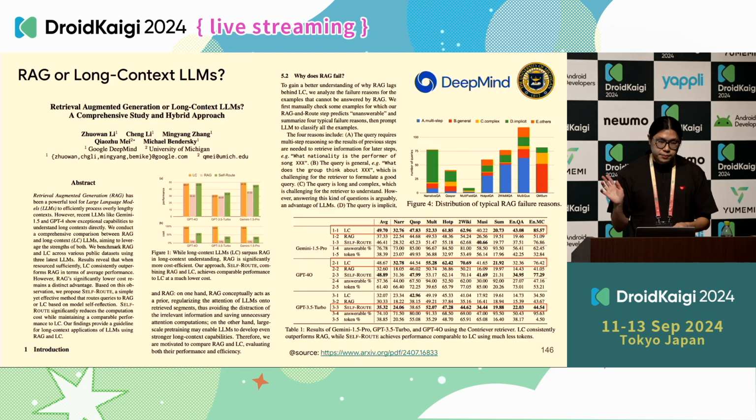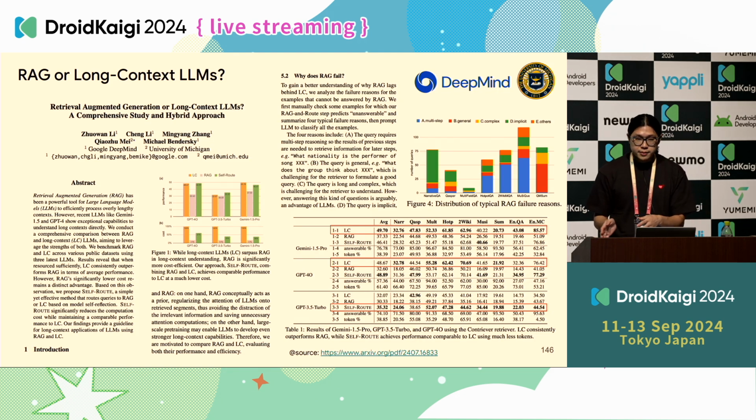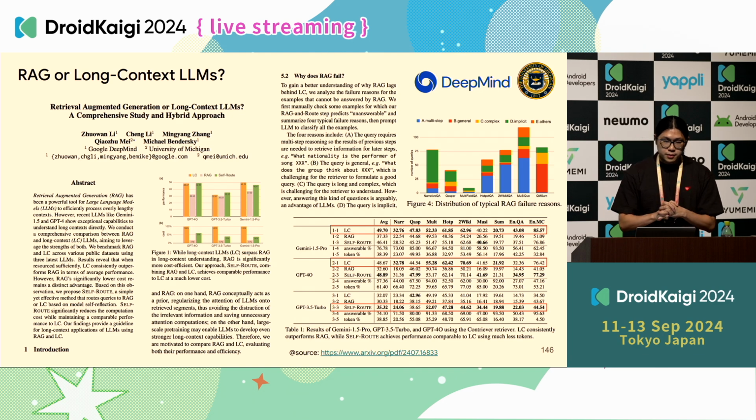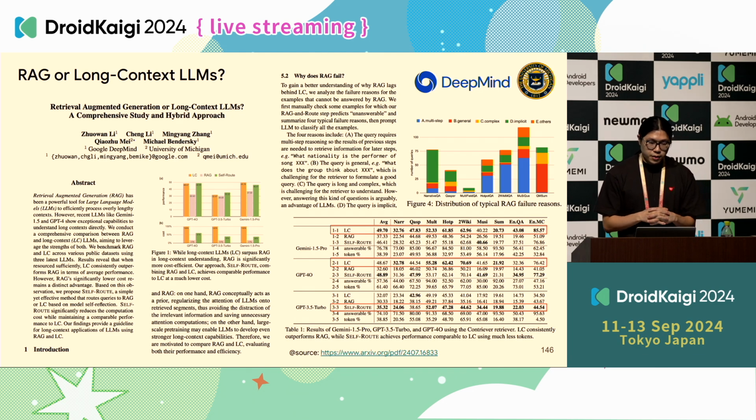This paper is published by Google DeepMind and the University of Michigan. It's a study comparing the results between long context LLMs and RAG. And the research findings indicate that long context models demonstrate better results than RAG.